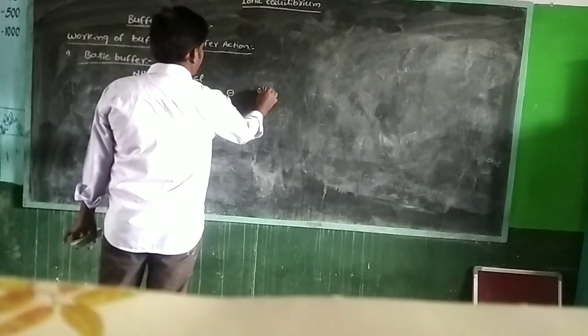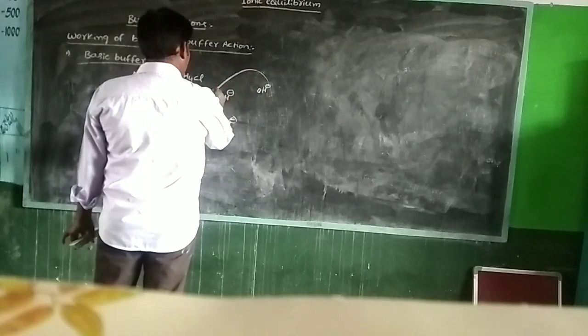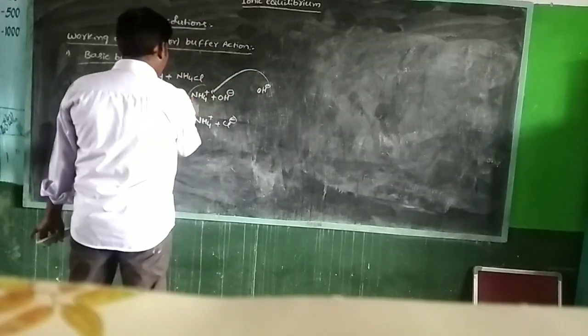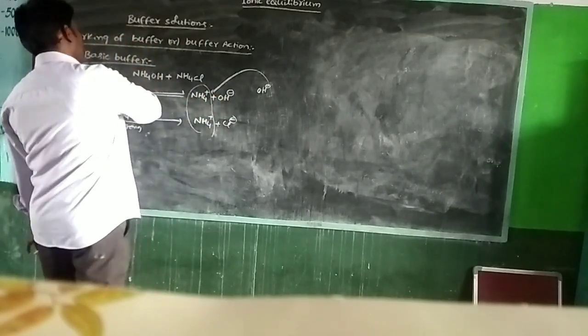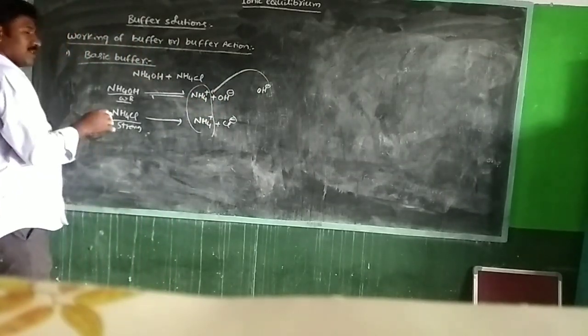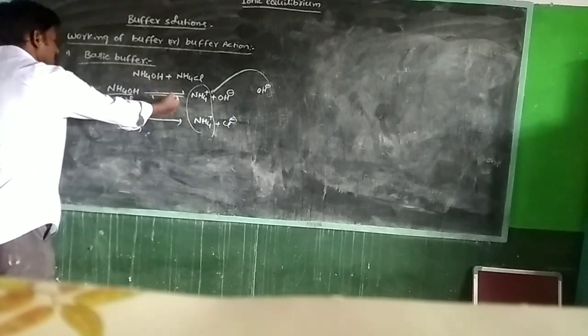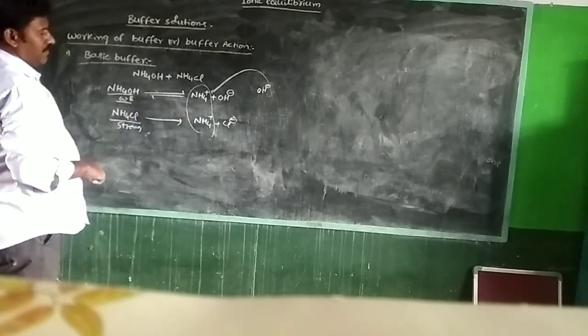If OH minus is added, the common ion is present, OH minus combines to give NH4OH, meaning the equilibrium will shift to the backward direction.